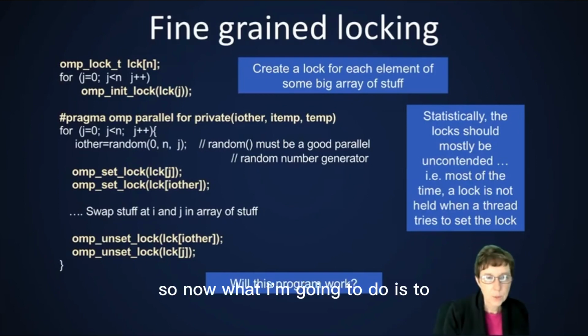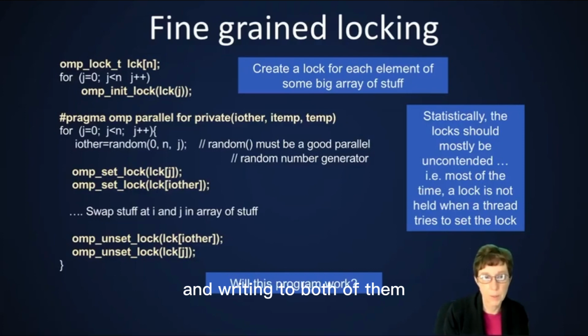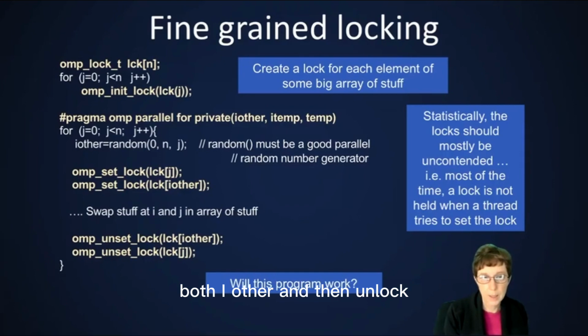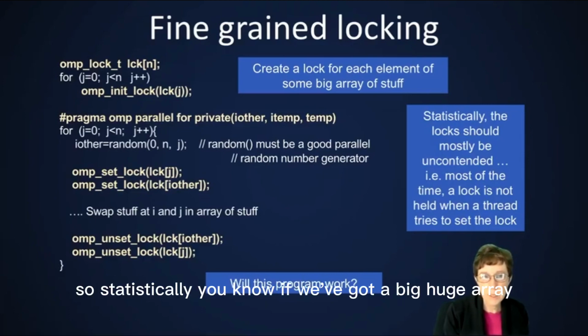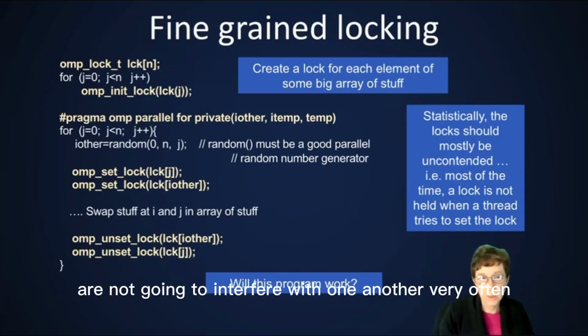Now I need to lock both of them, right? Because I'm going to be reading from both of them and writing to both of them. So I'm going to do a set lock on both j and on the location I other. I'll do the swap, and then I will unlock both. Statistically, if we've got a big, huge array, these are not going to interfere with one another very often.